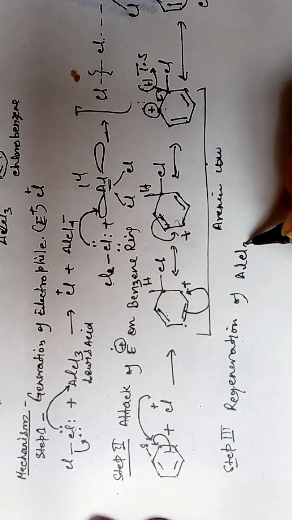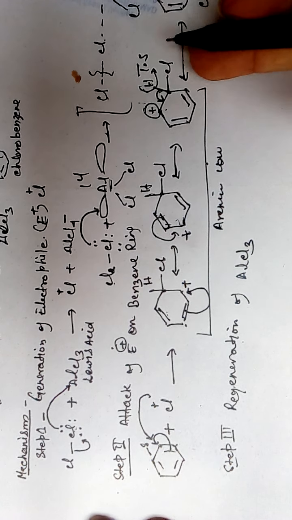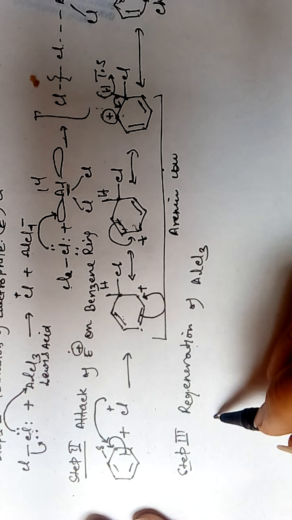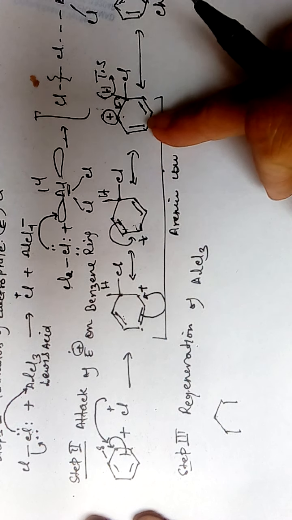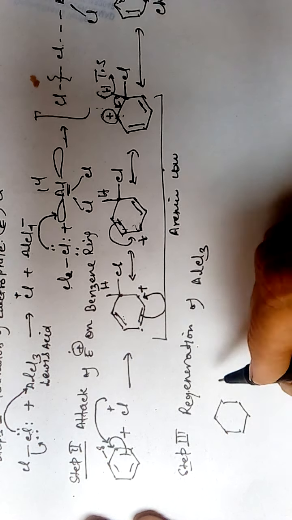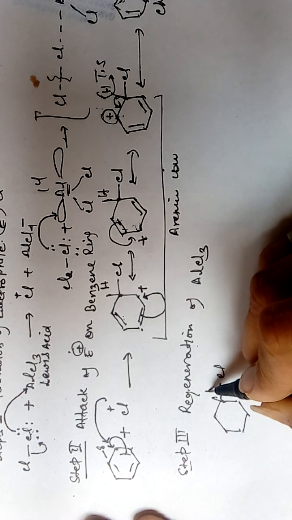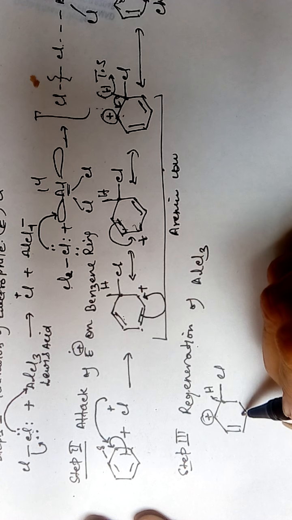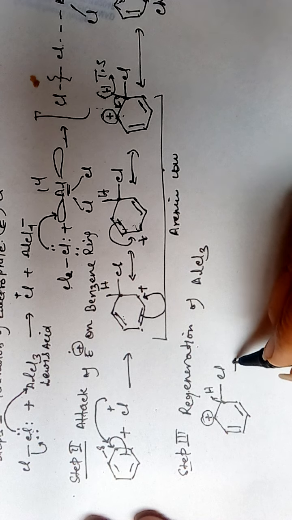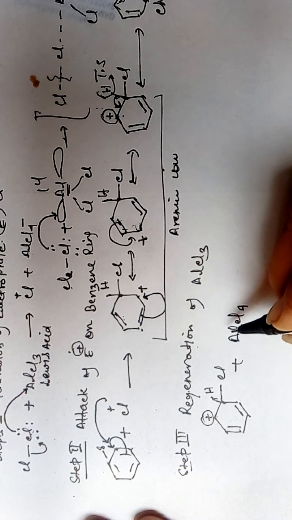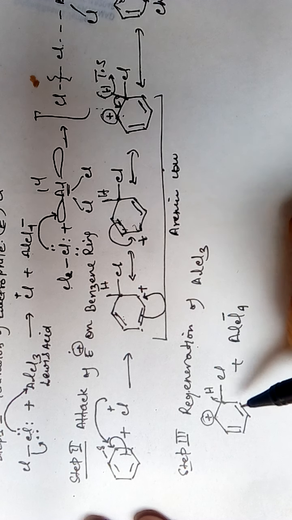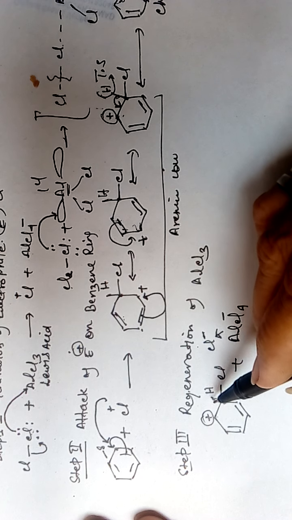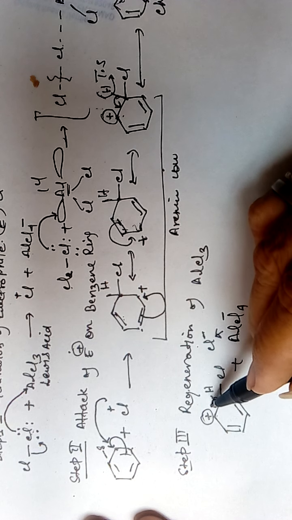How will it happen? Let's see. We take this structure, with a positive charge and double bonds here. When AlCl4 minus comes in contact with this structure, a proton is released from here and forms a double bond here, and HCl is released.